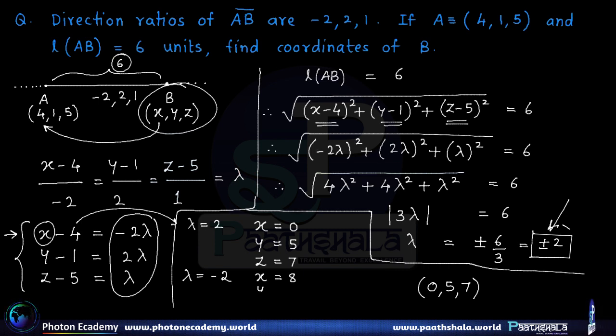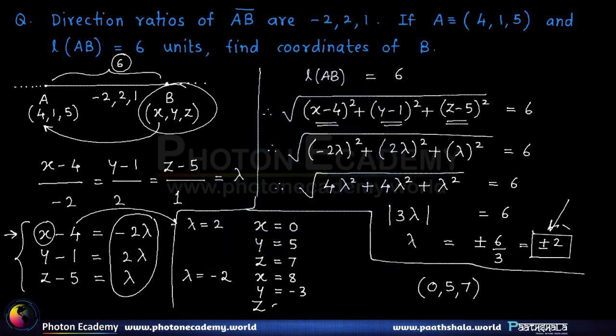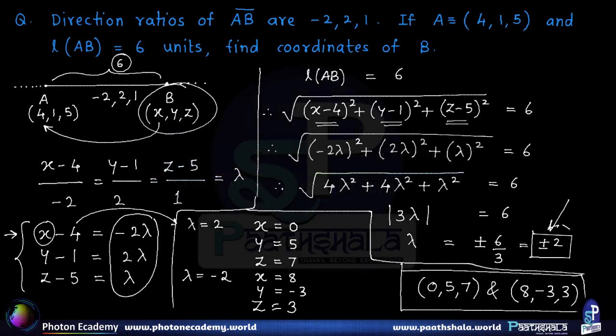Then in case of y we would get minus 4 plus 1, that is minus 3, and in case of z we would get minus 2 plus 5, that is 3. So therefore the second point is 8, minus 3, 3. So these are the two possible required points which are at a distance of 6 units from the given point A.